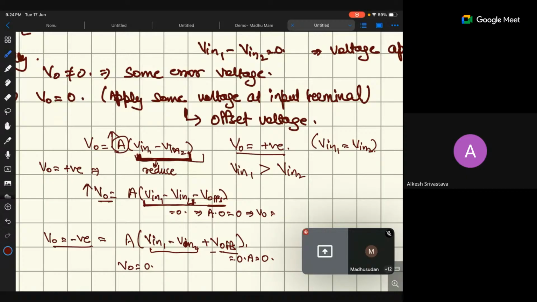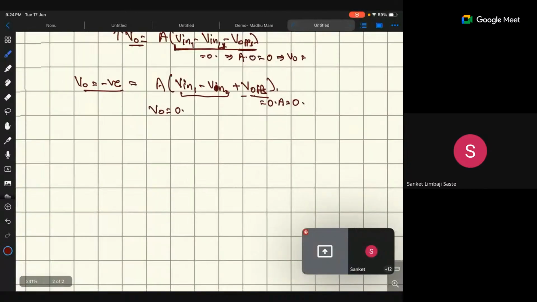Okay. So after adding the offset voltage, my circuit should look like this. This is V naught, positive terminal, negative terminal.